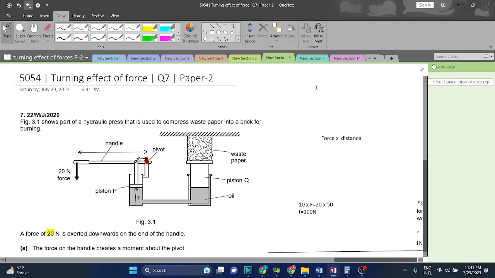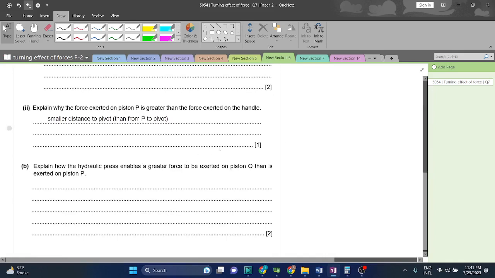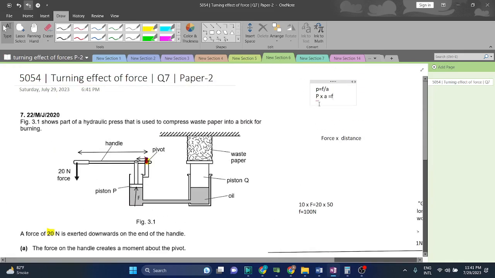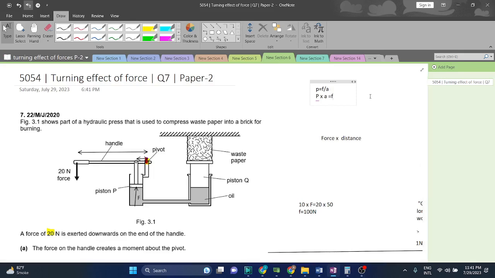तो अगर हम ये लगा लें, pressure is equal to force divided by area. We have pressure which is constant. अच्छा पहले देख लेते हैं, pressure into area is equal to F. तो जितना बड़ा एरिया होगा उतनी ज्यादा फोर्स होगी, right? Although the pressure is kept constant, the area of piston Q is much larger than the area of piston P. That enables us to figure out that the force on piston Q is much larger than the force on piston P. This is Pascal's principle.